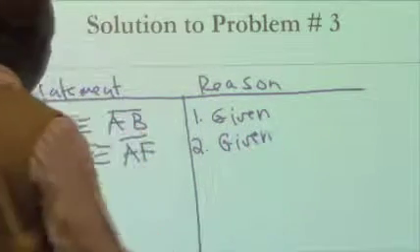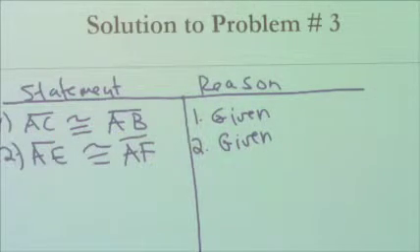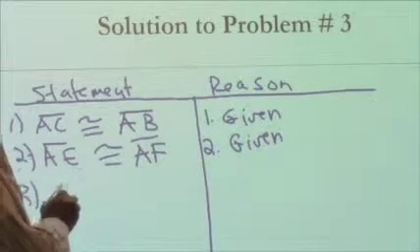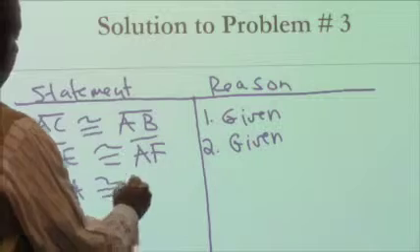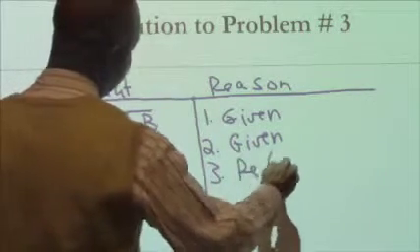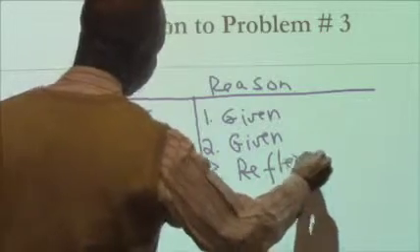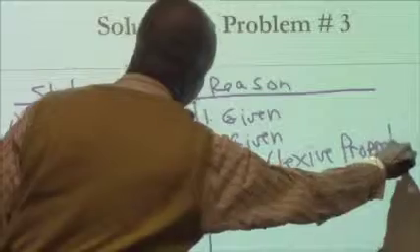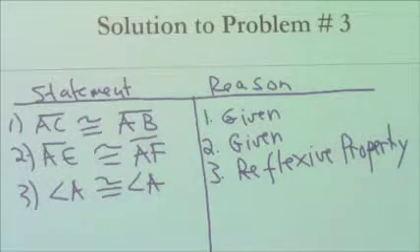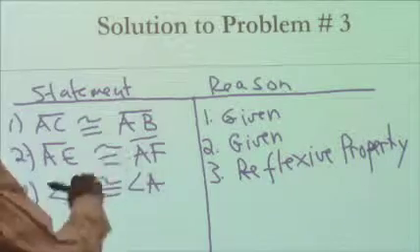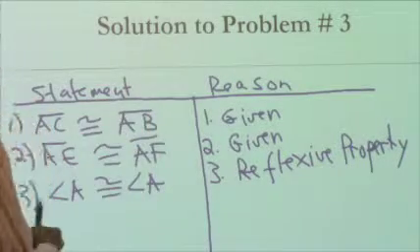So we have two sides that are congruent, and then we saw that angle A was congruent to angle A by the reflexive property. It was congruent to itself. We also saw that angle A was included, between the two sides that were congruent to the sides of the other triangle.